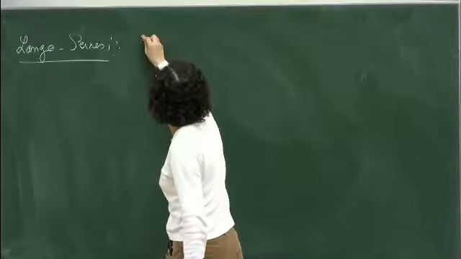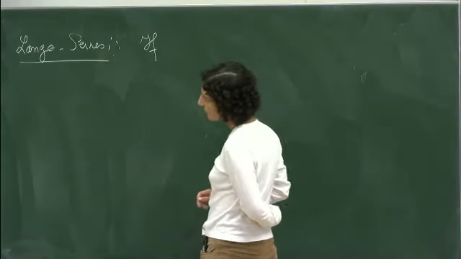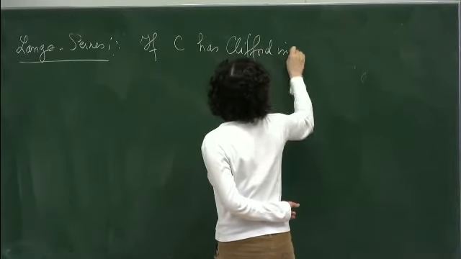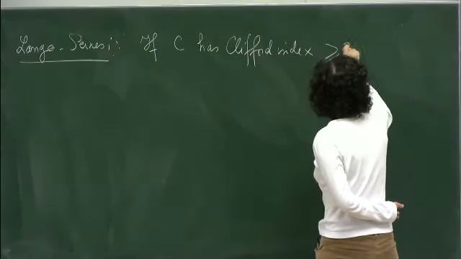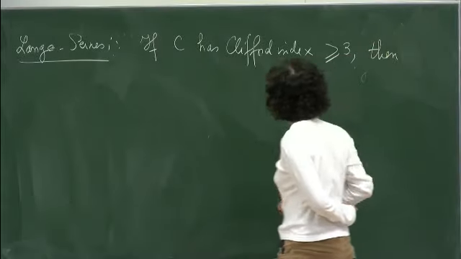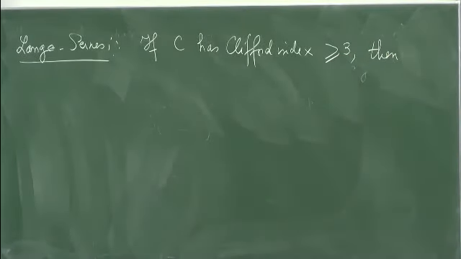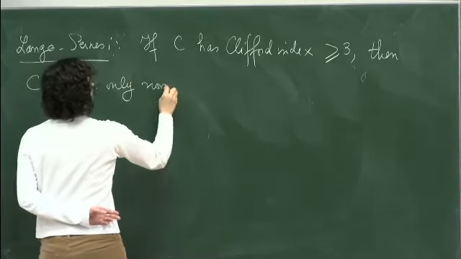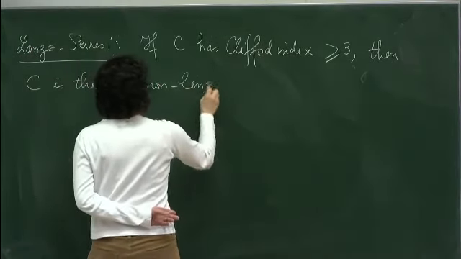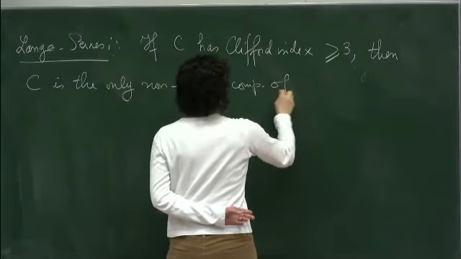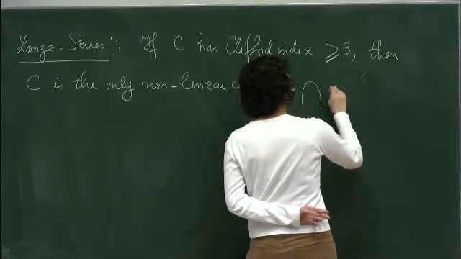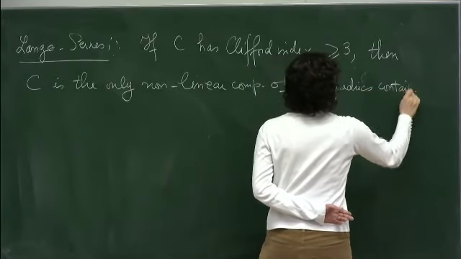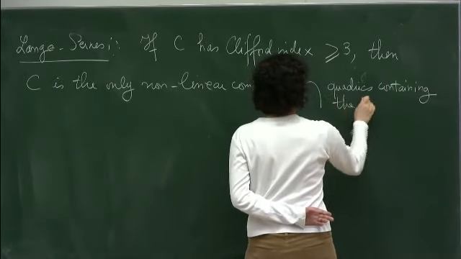that if C has Clifford index at least 3, I will explain what that is, then C is the only nonlinear component of the intersection of the quadrics containing the Prym canonical curve.